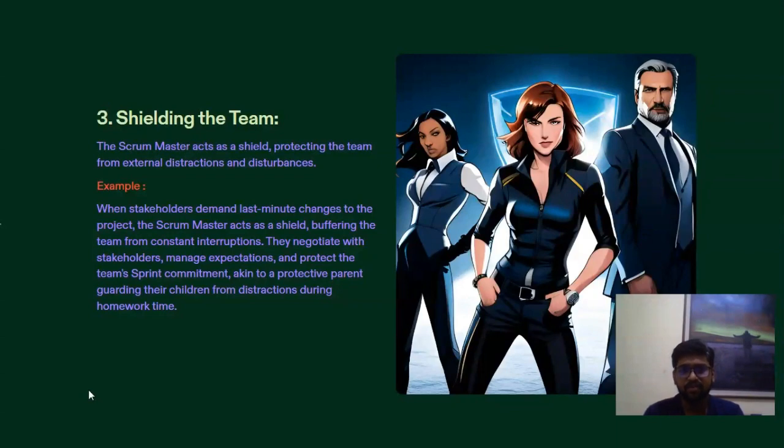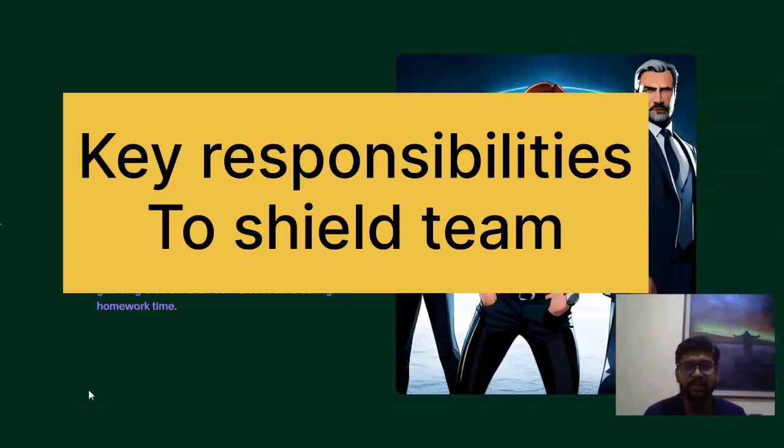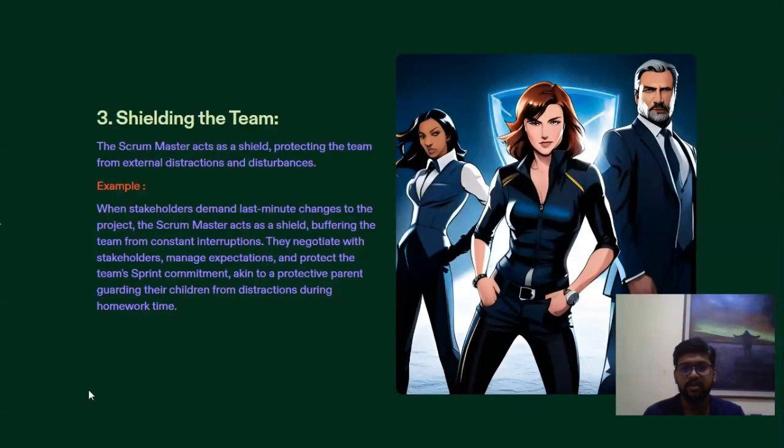Okay. So when a stakeholder demands last-minute changes to the project, the Scrum Master acts like a shield, buffering the team from constant interruption. So as a Scrum Master, you are required to negotiate with the stakeholders.